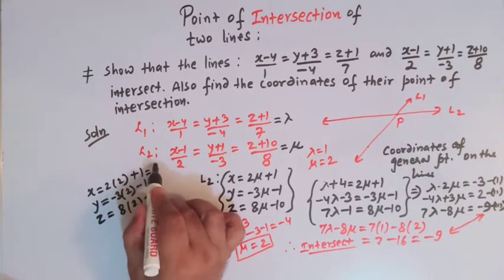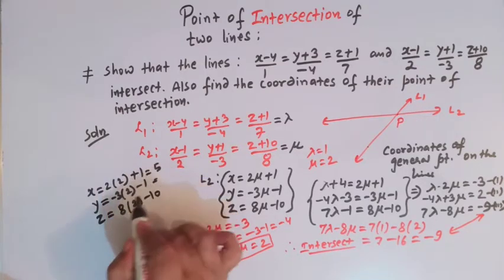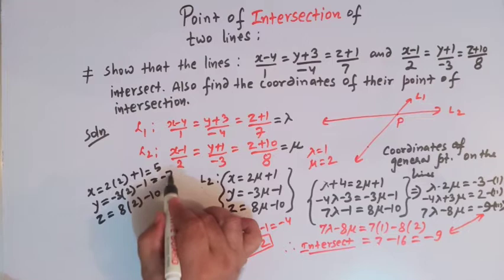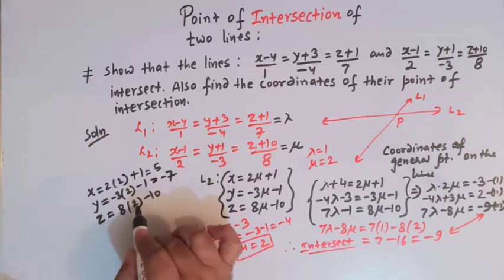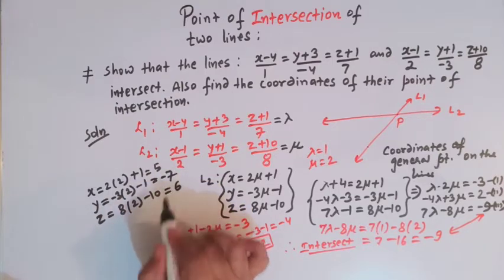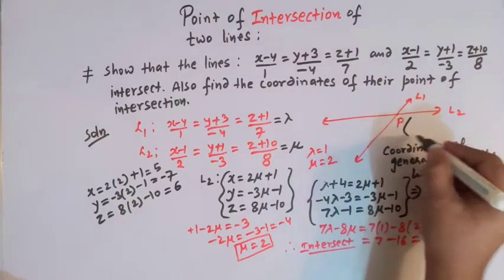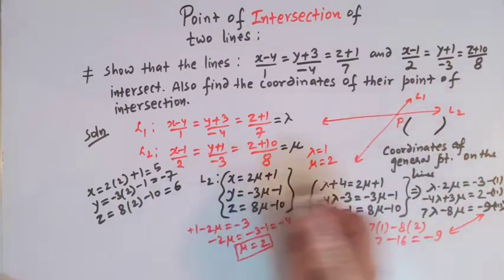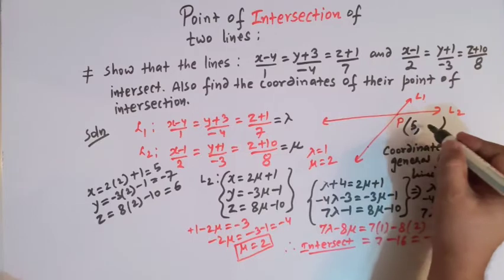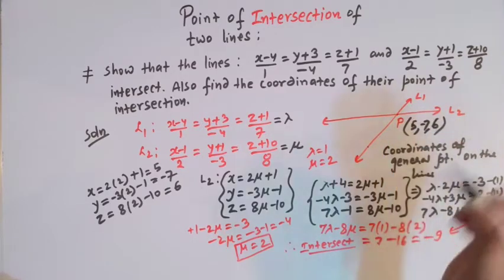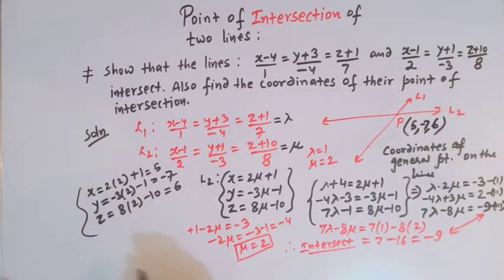So this is 5, this is minus 7, and this is 16 minus 10, that is 6. So the point of intersection of these two lines is (5, minus 7, 6).